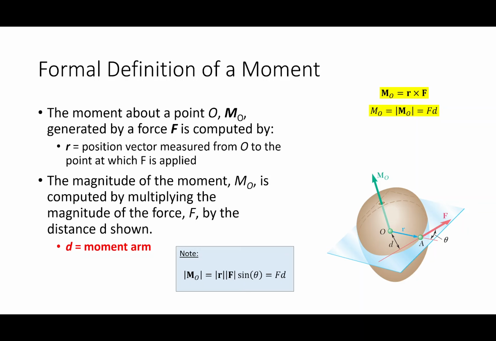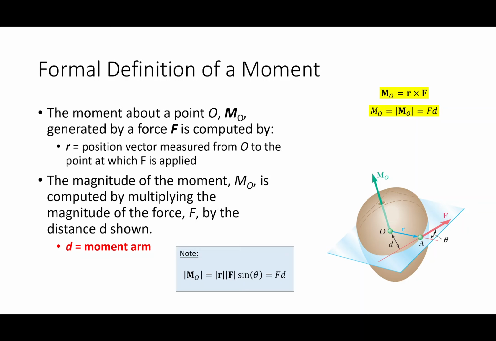Another thing that's worth mentioning is, what about the magnitude of that moment? Okay? Well, if I go back to this system right here, here's point A, here's our force vector. If I want to determine the magnitude of that moment, which we could just call M_A, I propose that it equals the magnitude of the force times this distance d.